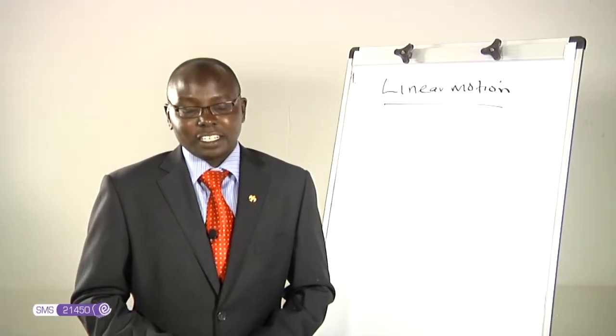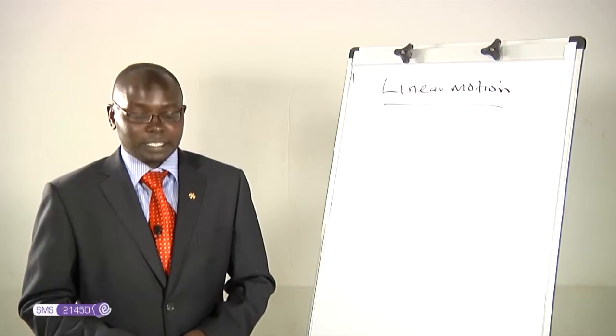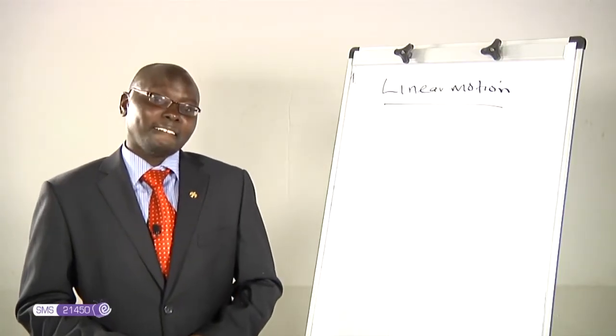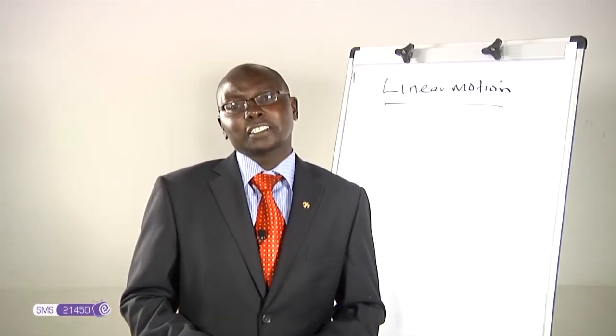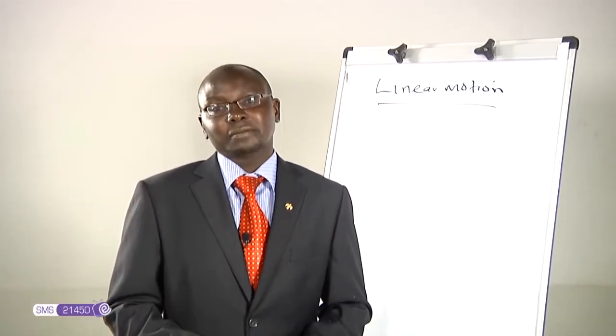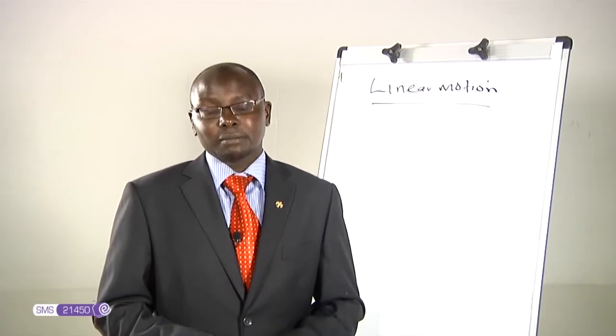All right. In our previous lesson, we started introducing this topic, whereby we started by discussing the terms associated with linear motion. We discussed that speed is the distance covered per unit time taken by a body.